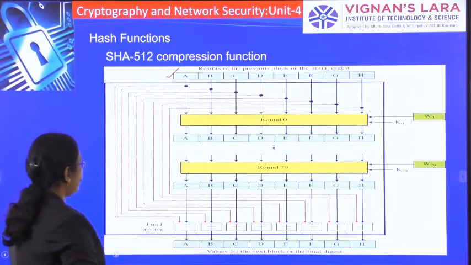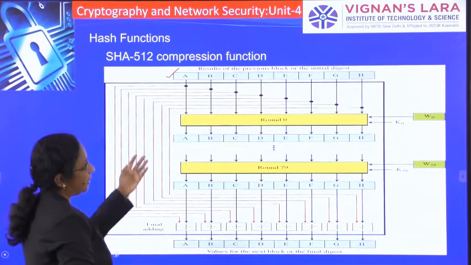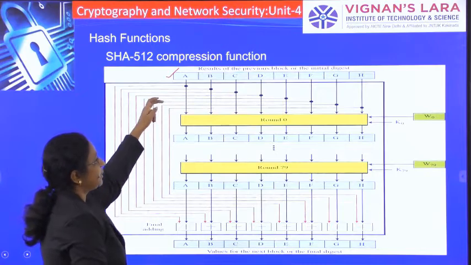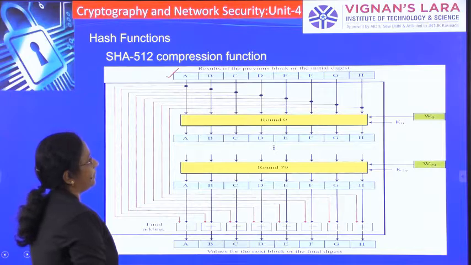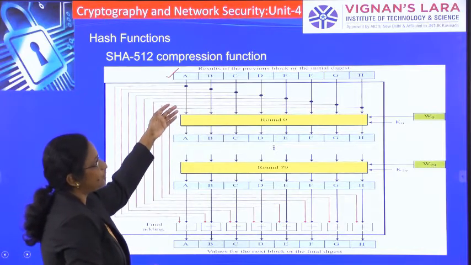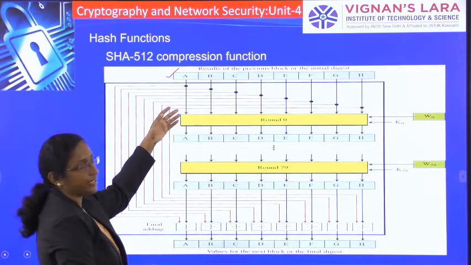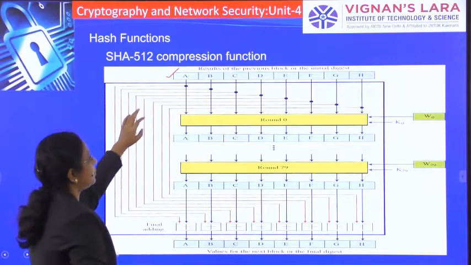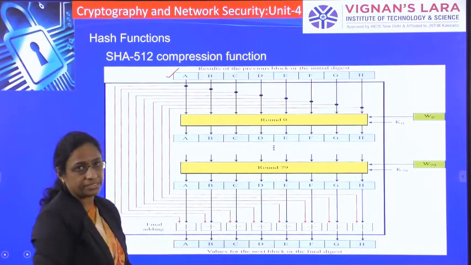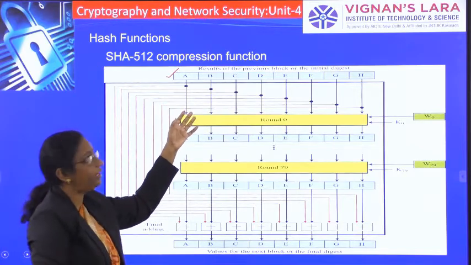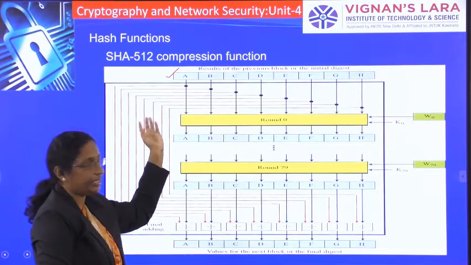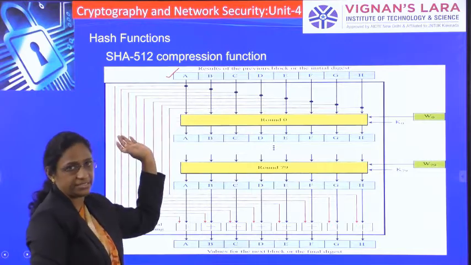Then these values go through round 0. These are the results of the previous block, or we can say your initial digest. Here you have the 8 registers, in which you store your previous digest value.